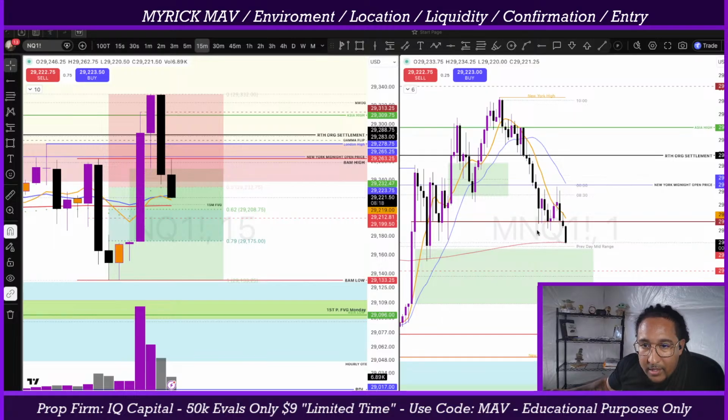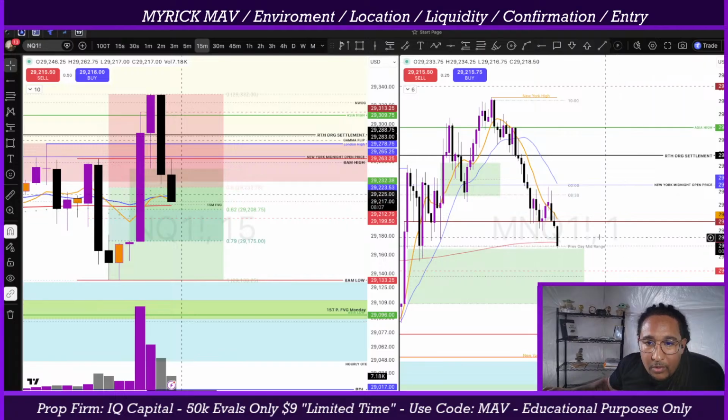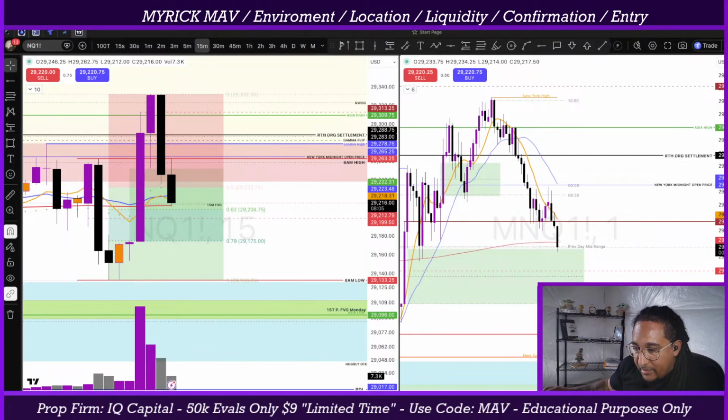So right now, what I want to see is us still get below. Now we're below this 200 moving average. So now I think we're going to start seeing push to the downside there.